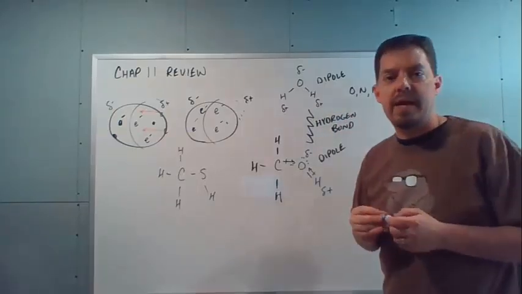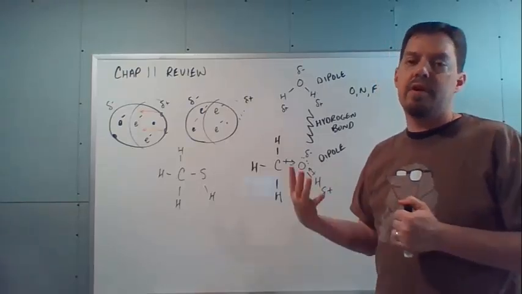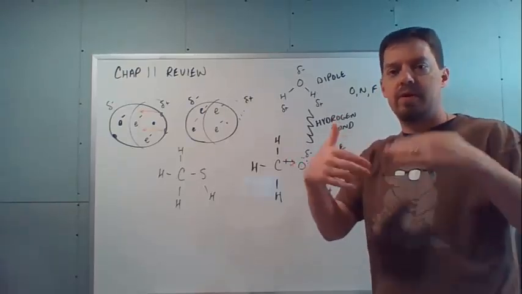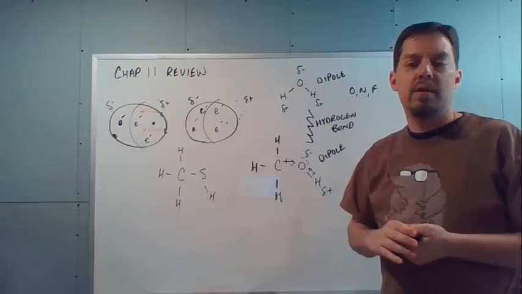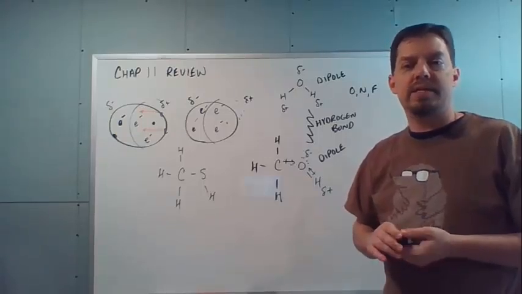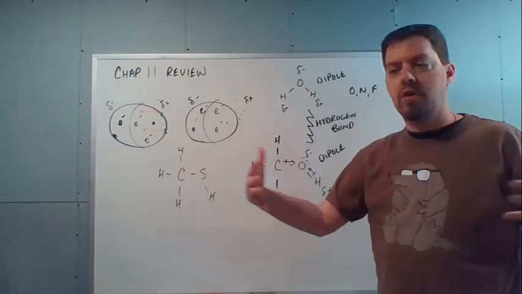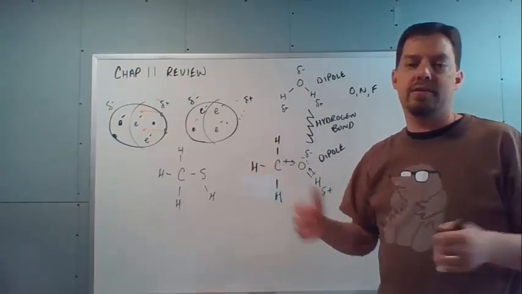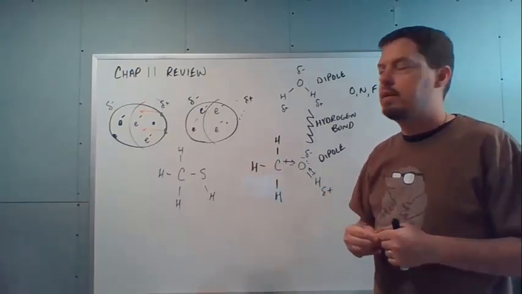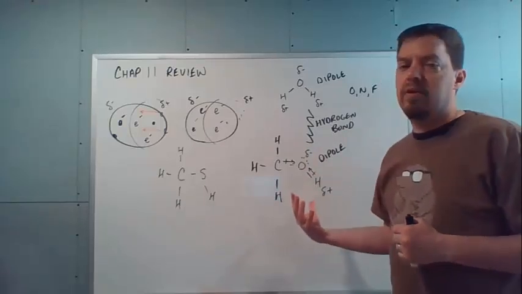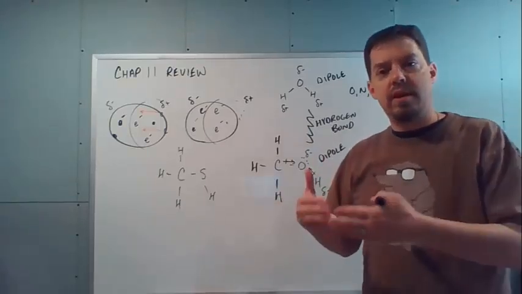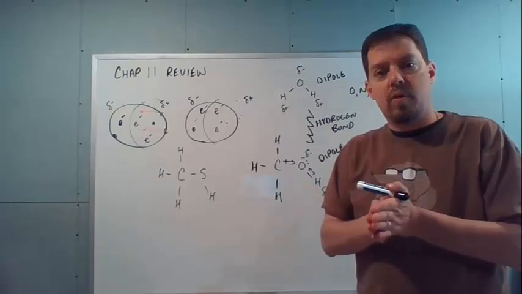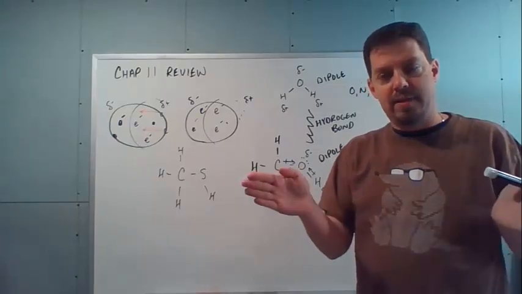Okay, those are the main types of intermolecular forces. You do have van der Waals forces, which is where the molecules can wrap around each other, but I wouldn't use that as an explanation ever unless you're dealing with a long carbon chain like an octane or something like that. Now, the relationship between all of this then is: the stronger the intermolecular forces, the more energy it takes to separate them.